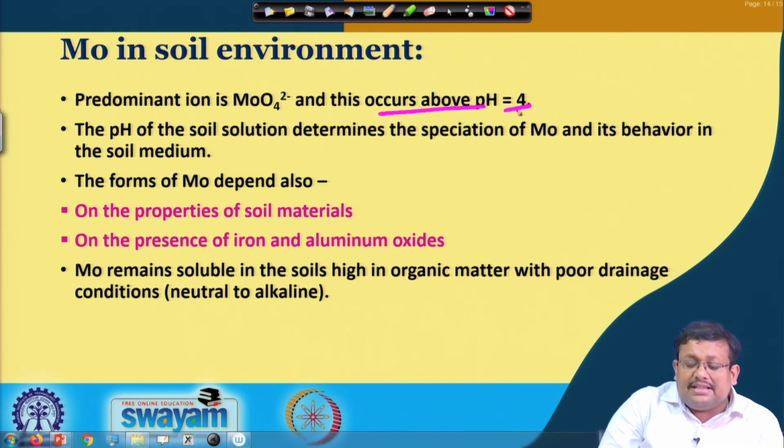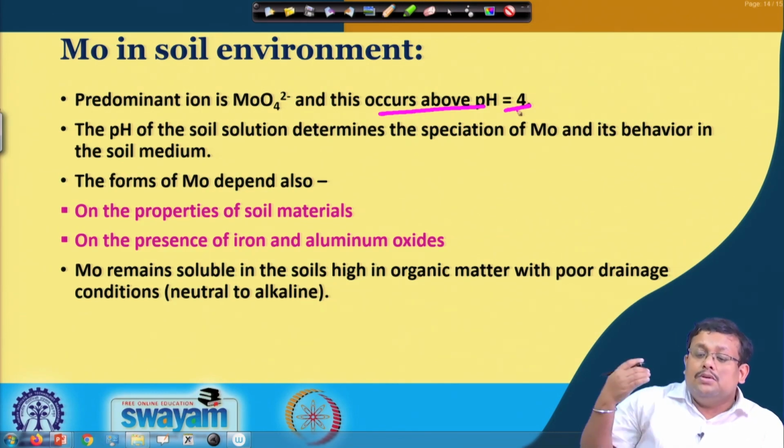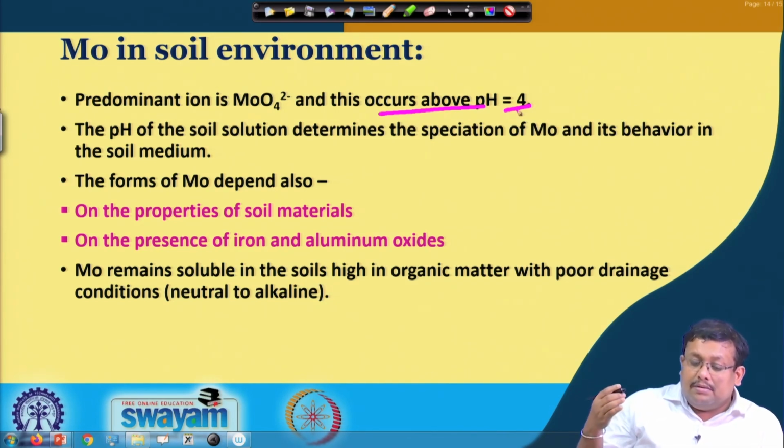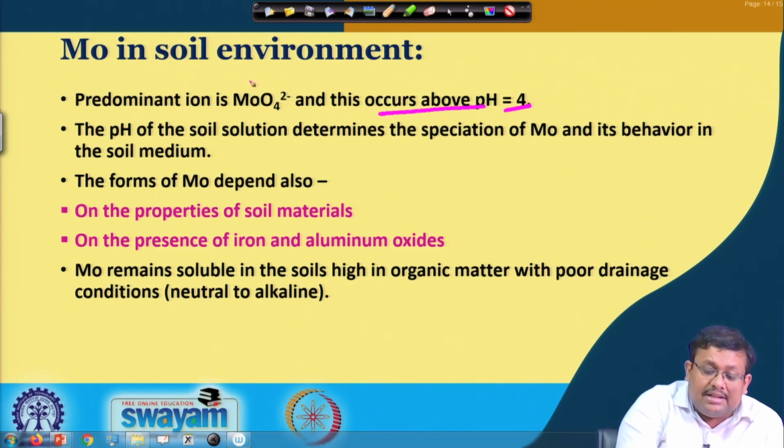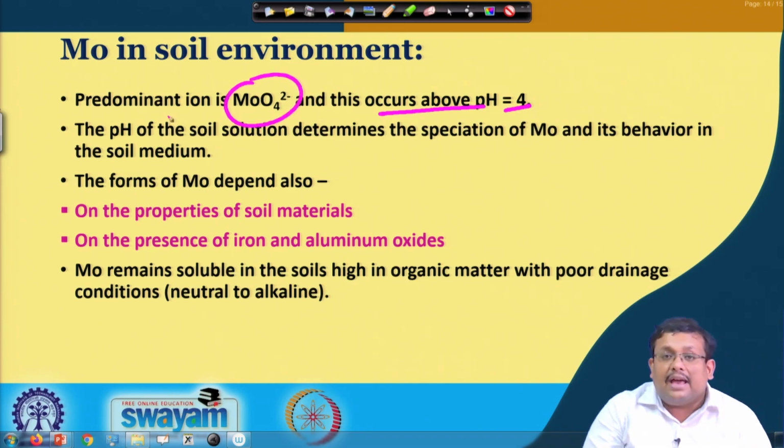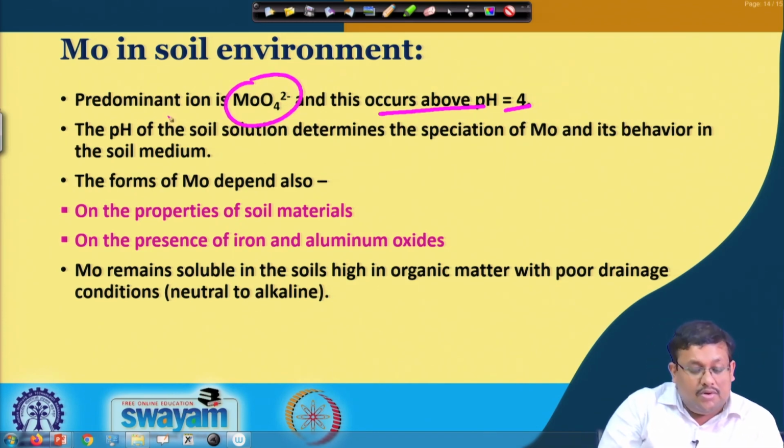So when the pH is greater than 4, you can see the predominance of this anion, that is MoO4 2-. The pH of the soil solution basically determines the speciation of molybdenum and its behavior in the soil medium.